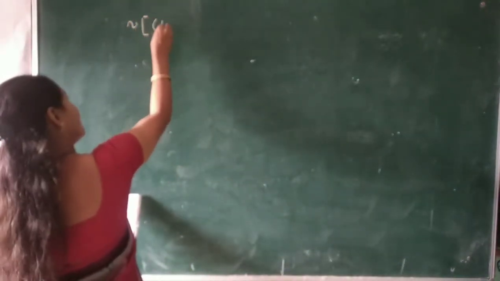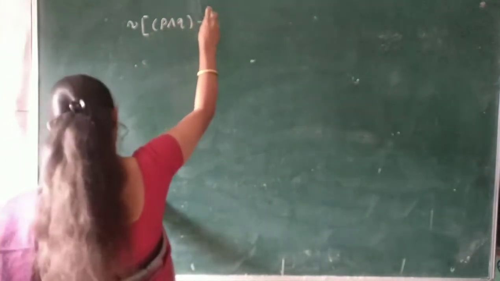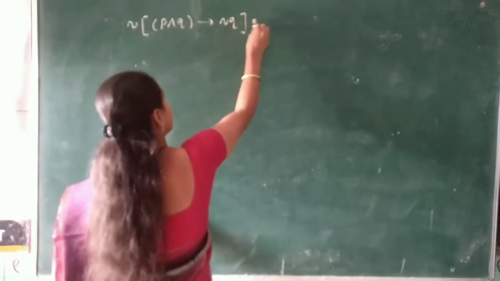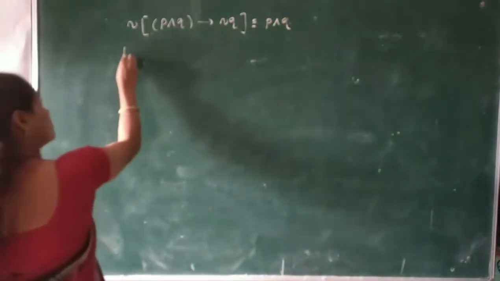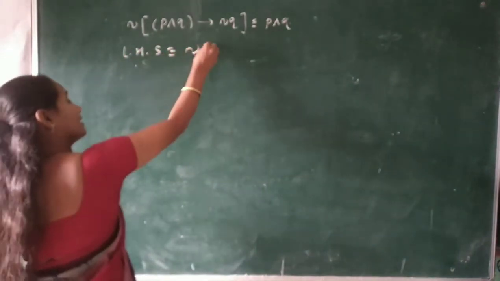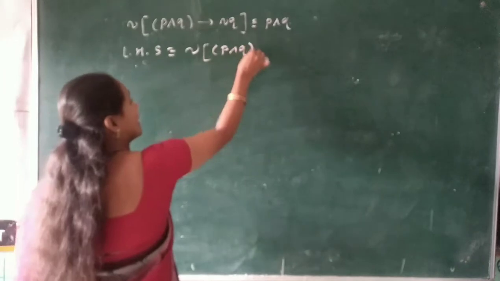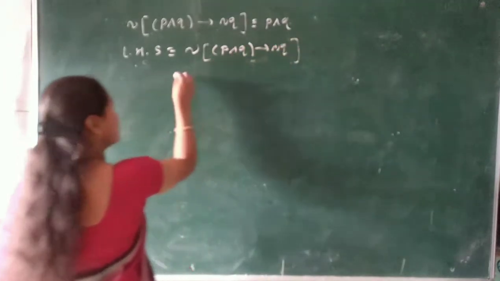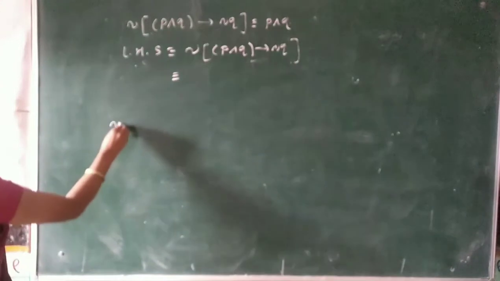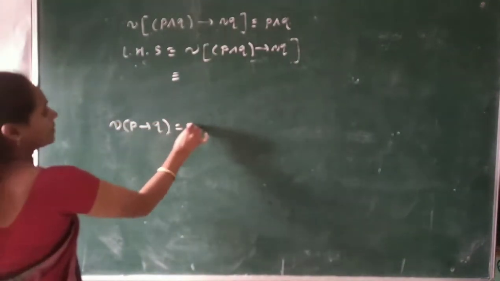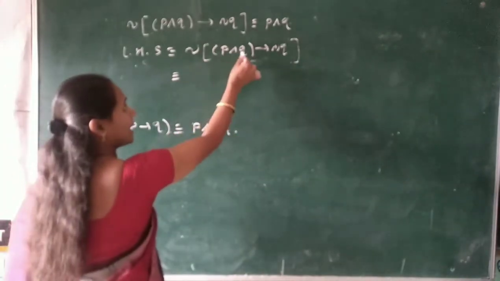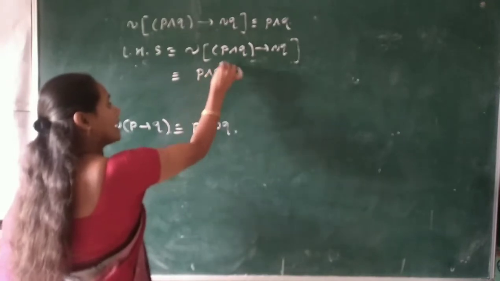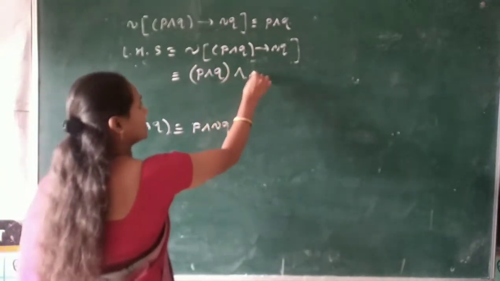Again one. ¬((P ∧ Q) → ¬Q) which is equivalent to P and Q. So first consider LHS. Negation of (P and Q) implies ¬Q. Apply negation of implication. We know that negation of P implies Q is what? P and ¬Q. But here instead of P we have given P and Q. So write this P and Q as it is, and negation of the second statement.